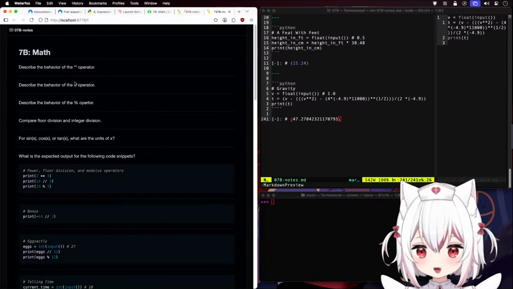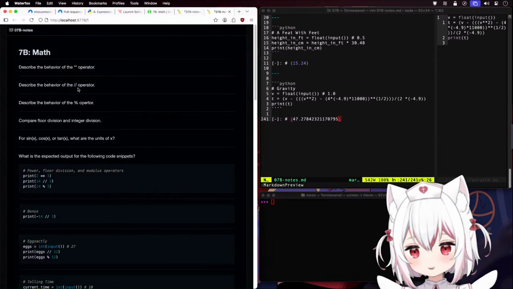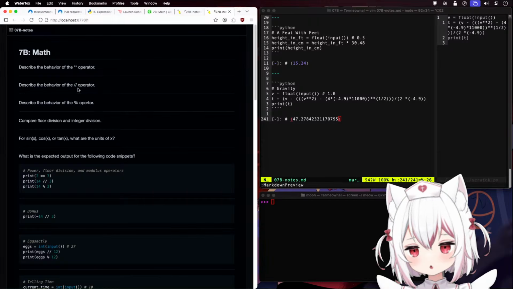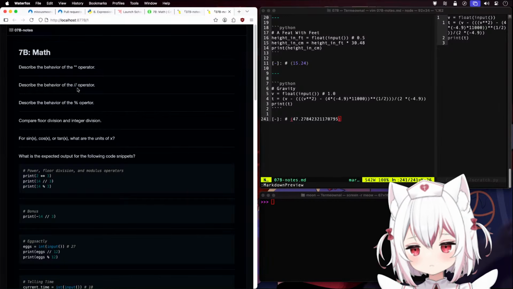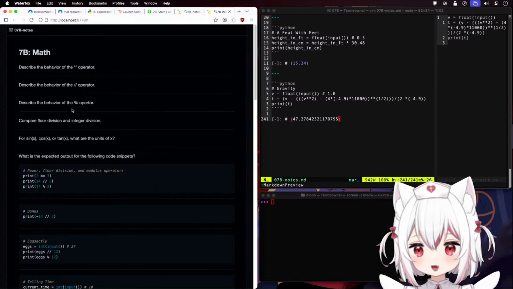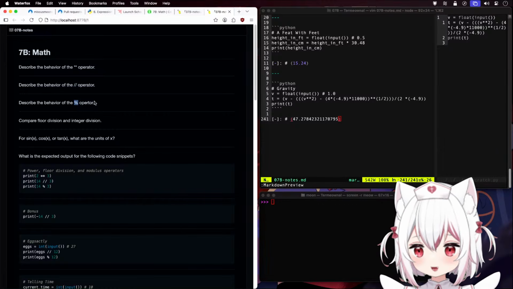And then we have the //, which we decided was floor division, which does A divided by B, ignoring the remainder and rounding down. And then we have the modulo operator, which is A divided by B, but only the remainder.